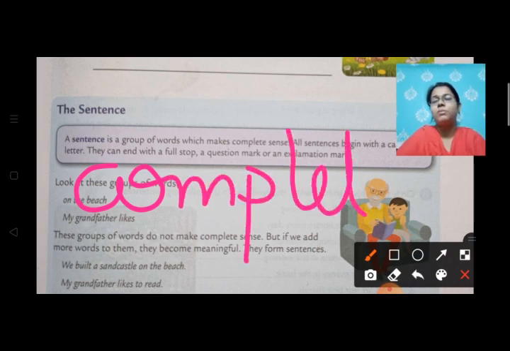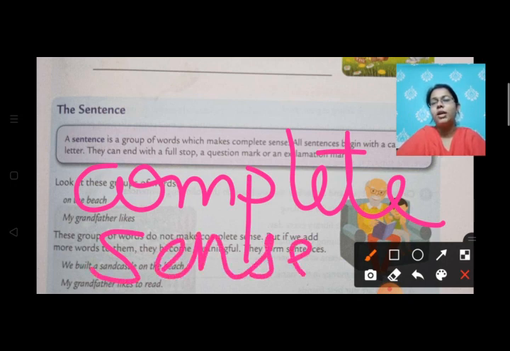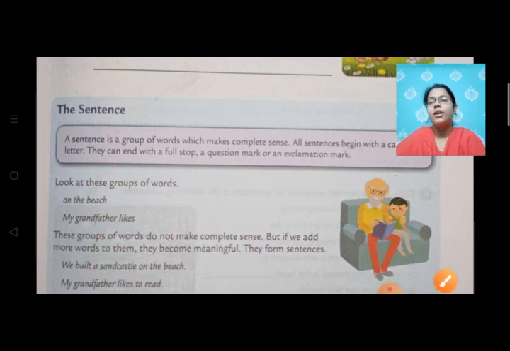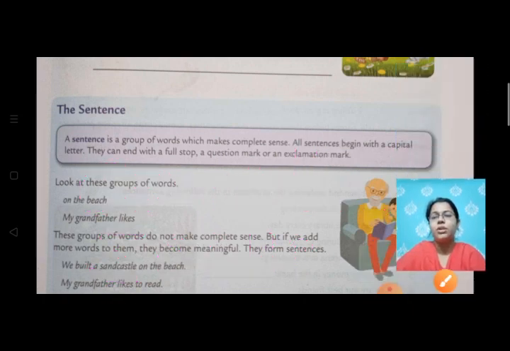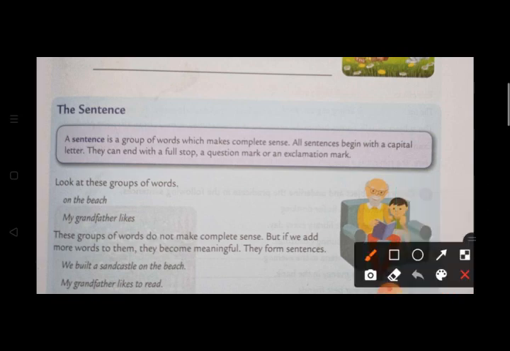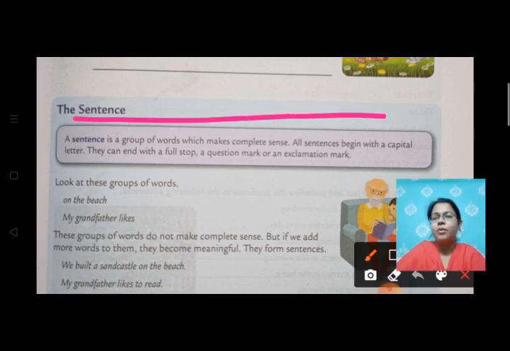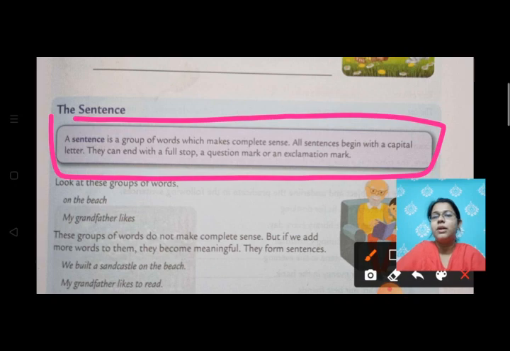Complete sense means that when you read that group of words, you come to know what it is talking about. The sentence tells us what it is about, and we understand it. So when a group of words makes complete sense, then you can call it a sentence. A definition is given over here, students, and you need to remember that all sentences begin with a capital letter, whether it is a noun, pronoun or a verb.